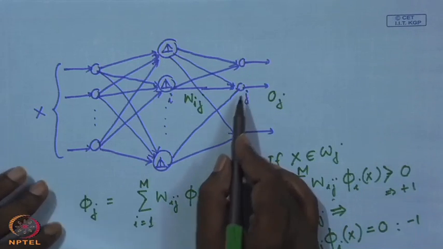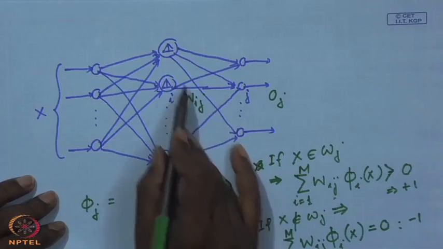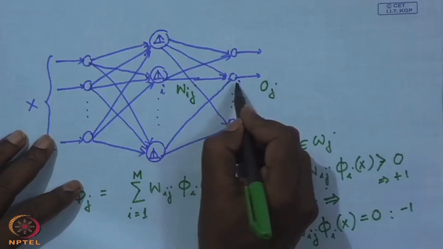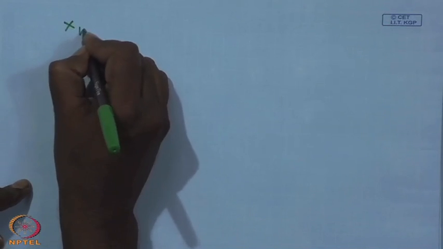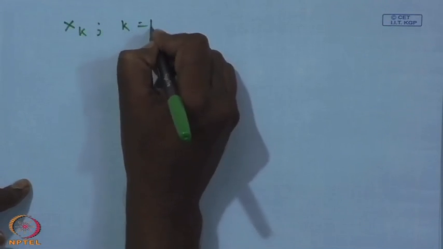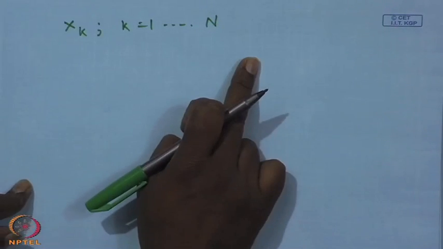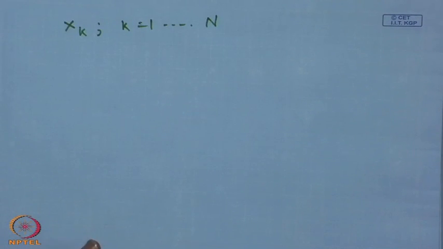Now, if I right now consider only the connection weights which are connected to the jth node in the output layer, then for every vector x k, suppose I have capital N vectors, so I have vectors x k for k varying from 1 to capital N. I have capital N input vectors which are given for training or learning, as we are using supervised learning.